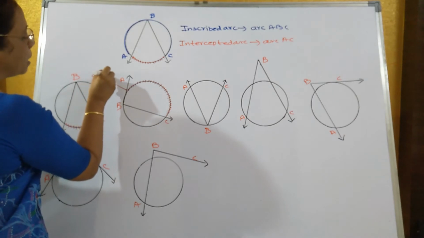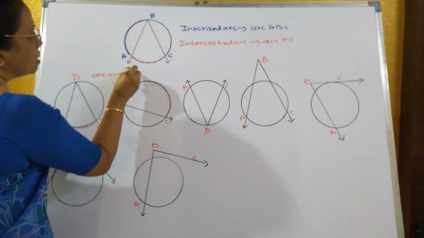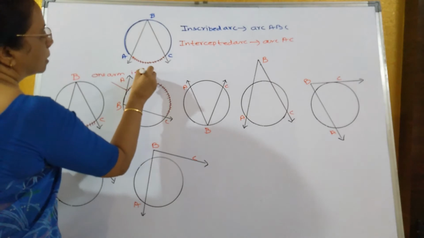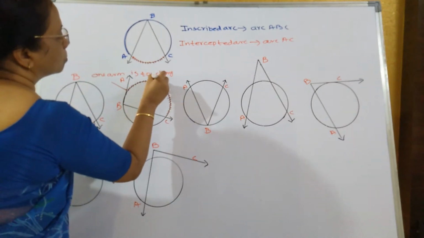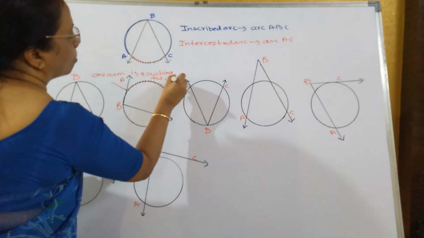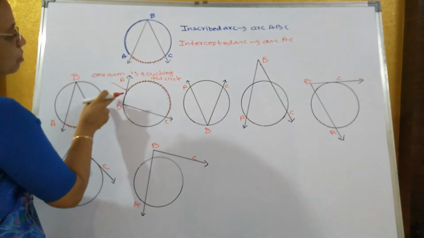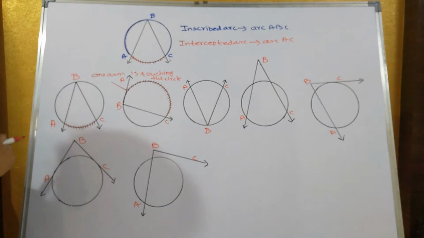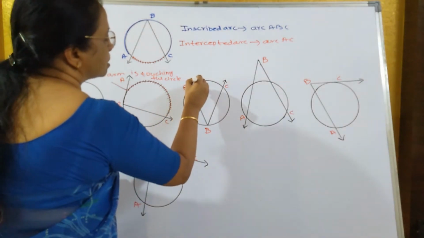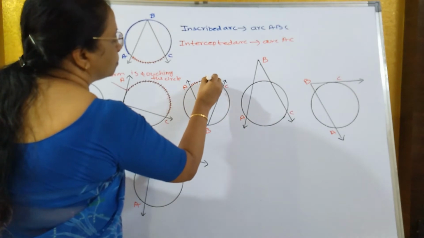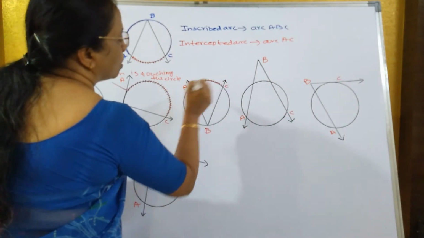So here, one arm touches the circle, and over here, this is the intercepted arc.